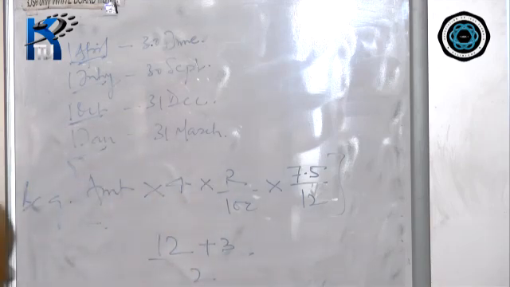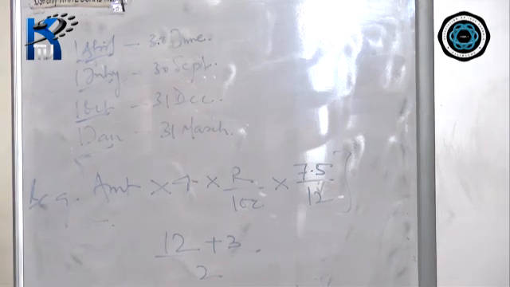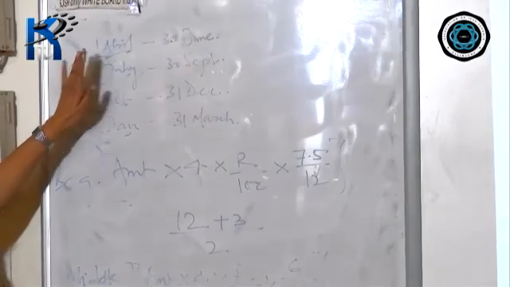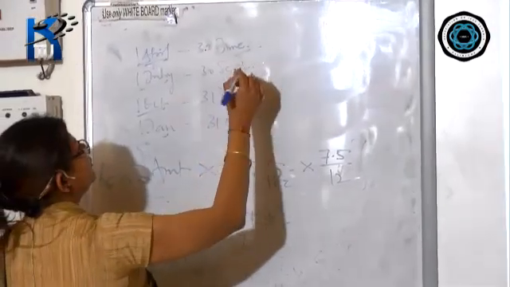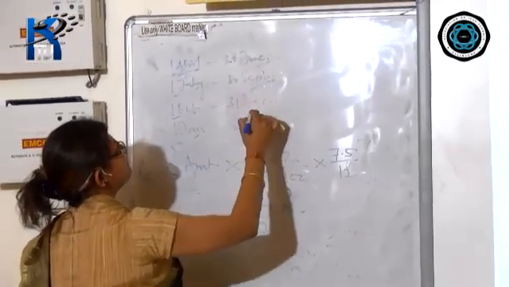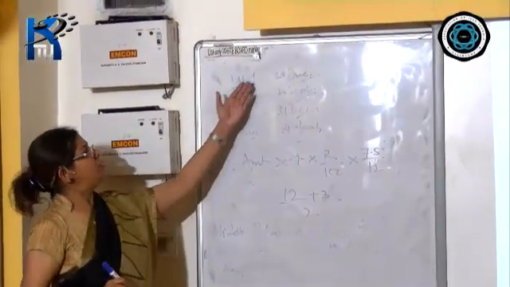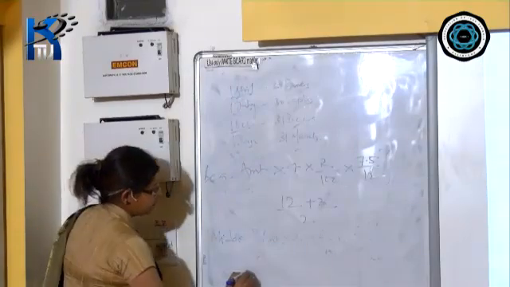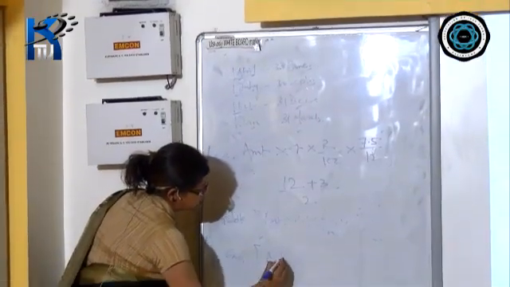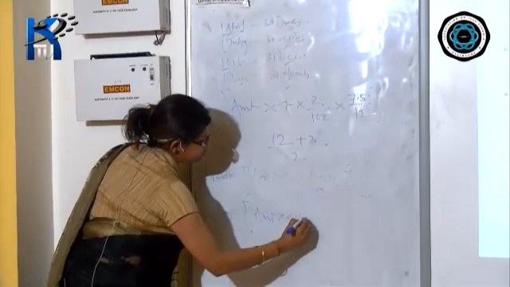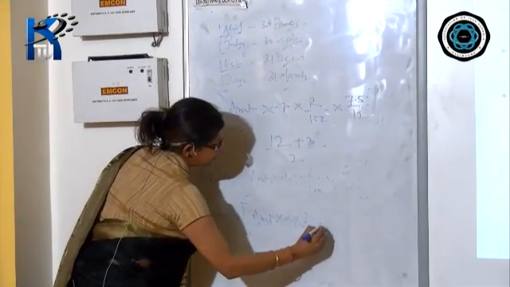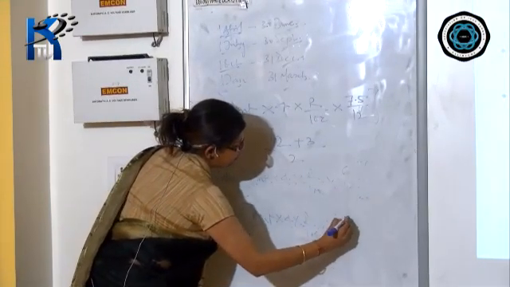And the last part, end of every quarter. End of every quarter means you withdraw money on 30th June, you withdraw money on 30th September, 31st December and 31st March. So end of every quarter, the formula would be amount into 4 into rate upon 100 into 4.5 by 12.